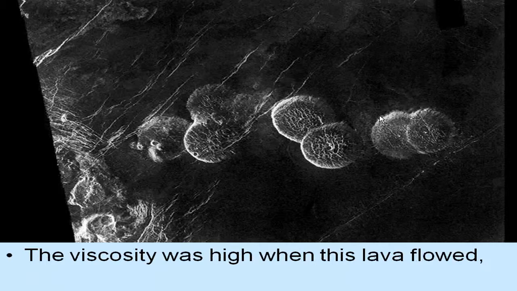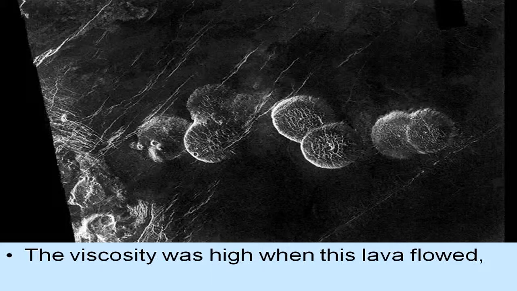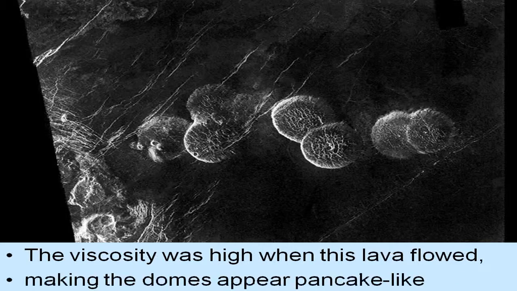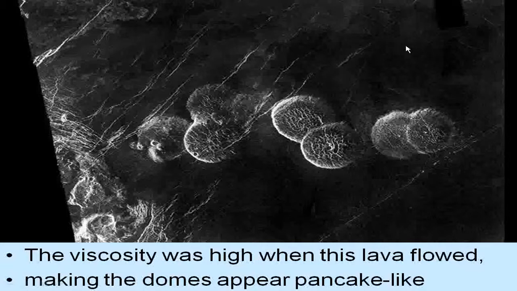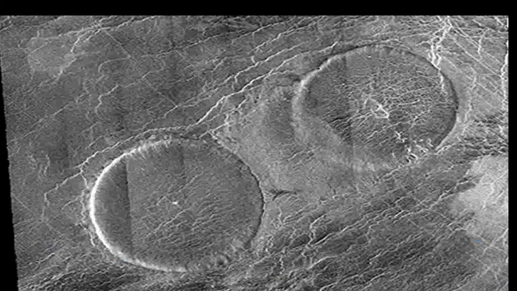Indicating viscosity was high when this lava flowed, forming these flat pancake-like features before they cooled, making it dome-like. Kind of looks like you had a frying pan and you were making these for dinner. There's more pancakes.